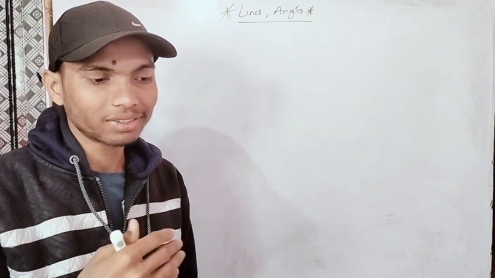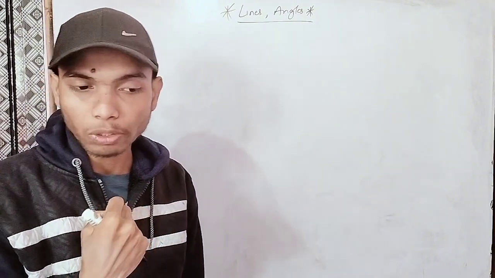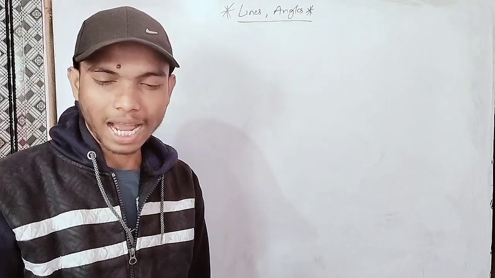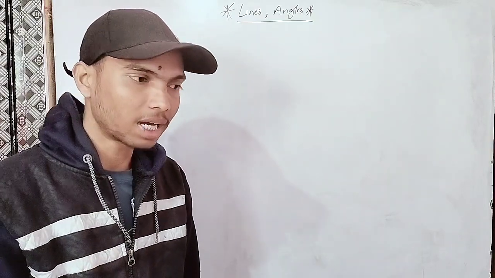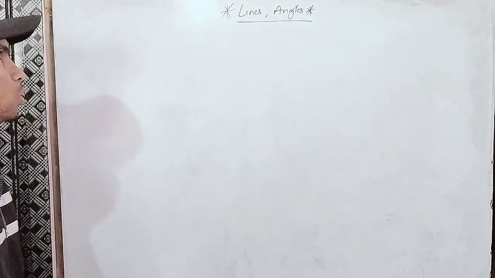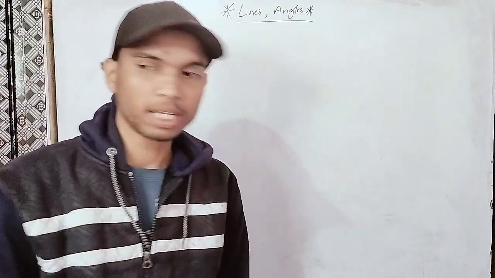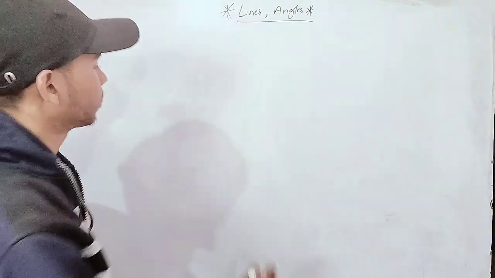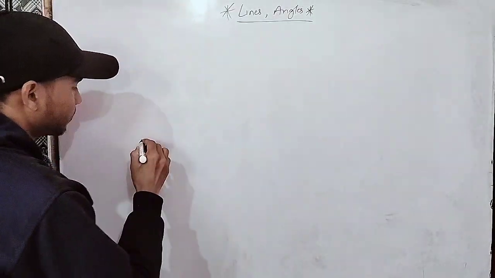Whenever we study mathematics, if we don't know the basics, then our root will be weak. So this is our topic, and this is a very basic line. Here, try to understand.